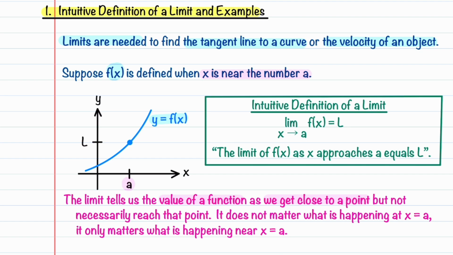As x gets close to a up here in our graph, our function is going to go from the right and from the left to this value L. It does not matter what is happening at x equal to a, it only matters what is happening near x equal to a. Mathematically, we can write this as the limit of f of x as x approaches a is equal to L.